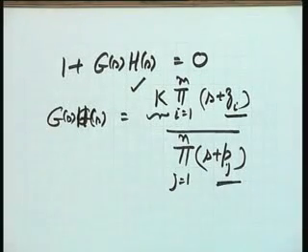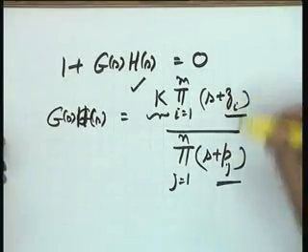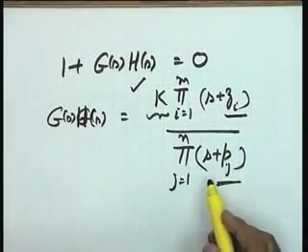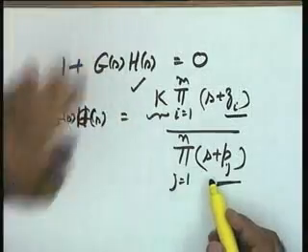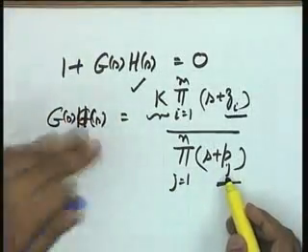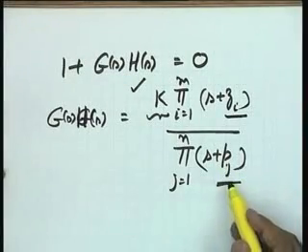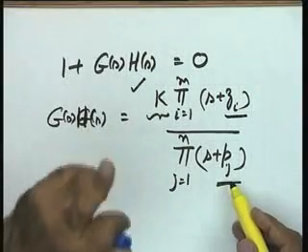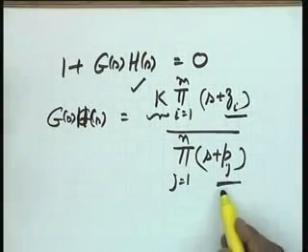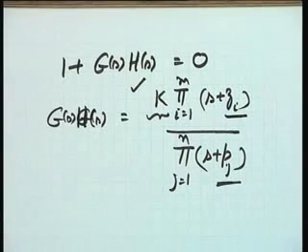Okay, as I said that the zeros could be in the right half plane and the poles here also could be in the right half plane, because after all your open loop system can be unstable and the closed loop will make it stable. The only point I want to mention over here, your closed loop poles cannot be in the right half plane, but your open loop poles can definitely be in the right half plane.